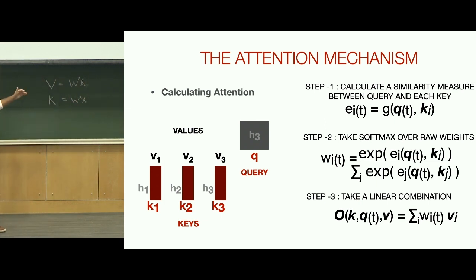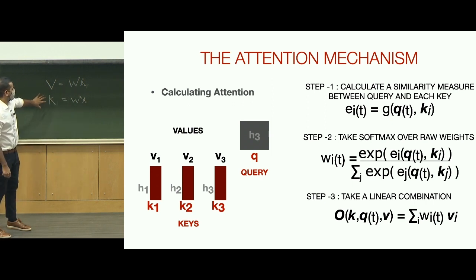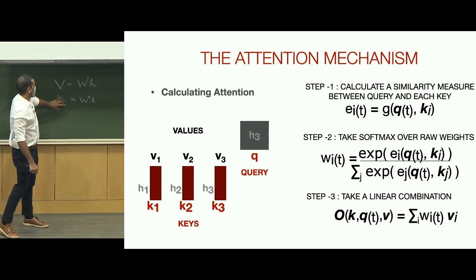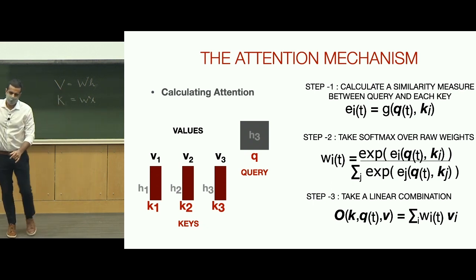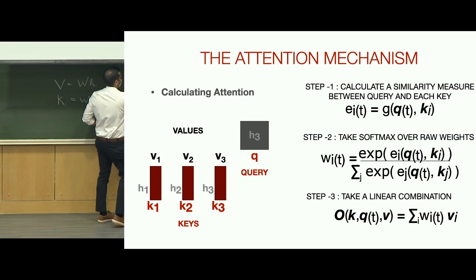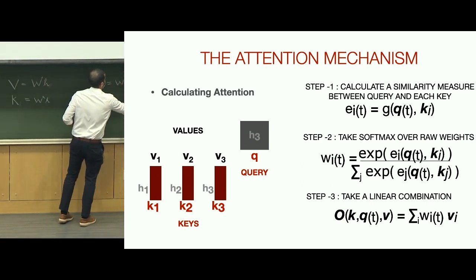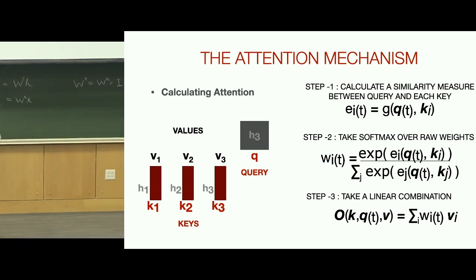Values and keys are linear transformations of the inputs themselves, but they can have different ways of transforming the same input into values and keys. Now in this case, WK and WV are identity matrices. In the example here they're identity, but later on we'll see different matrices that do this transformation.